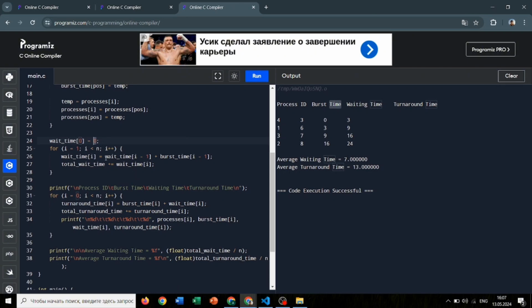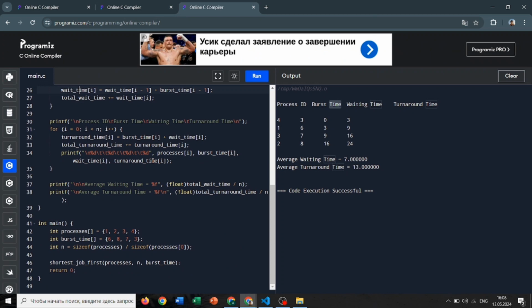The turnaround time for a process is the sum of its waiting time and its burst time. So this represents the total time from when the process was submitted until it is completed. So this is how our output looks.